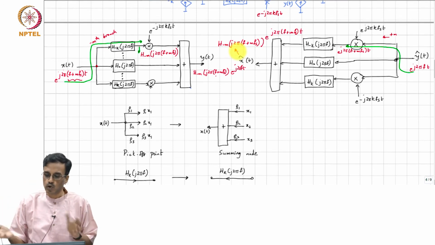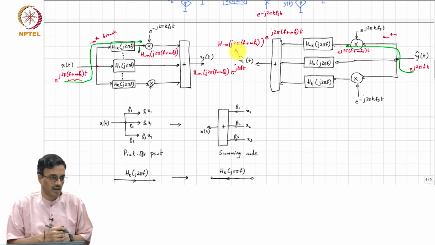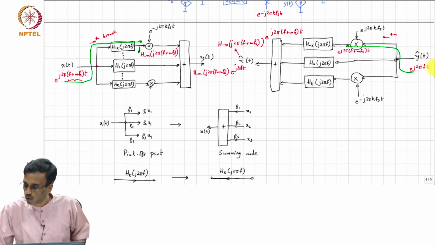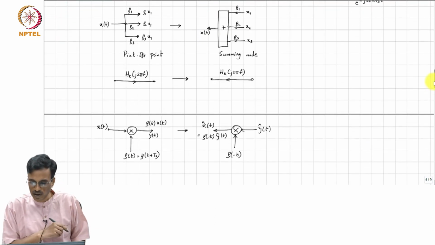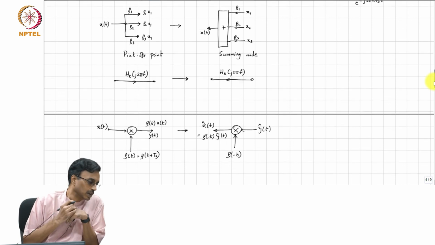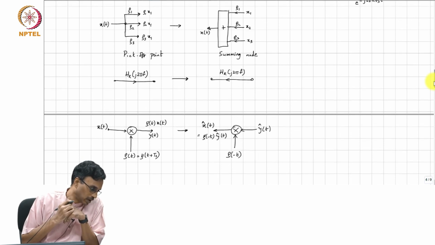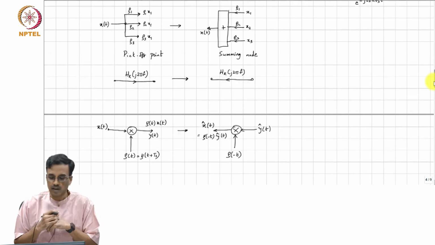So, this is consistent. This is a useful trick to know. A lot of times people are dealing with signal flow graphs, and if you are interested in finding multiple transfer functions, this is an easy trick to know.